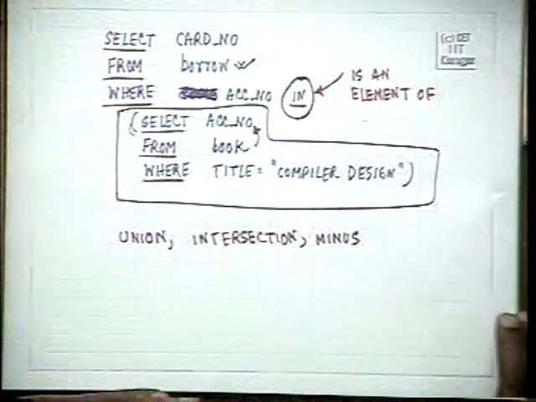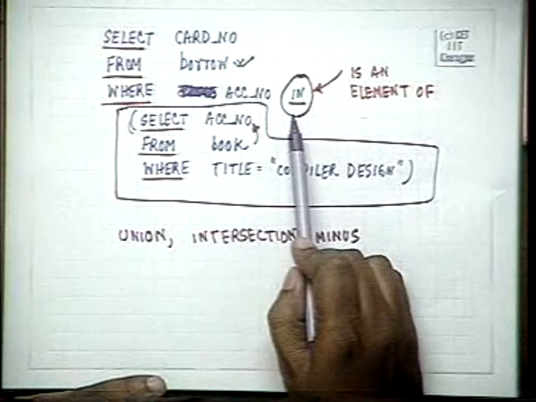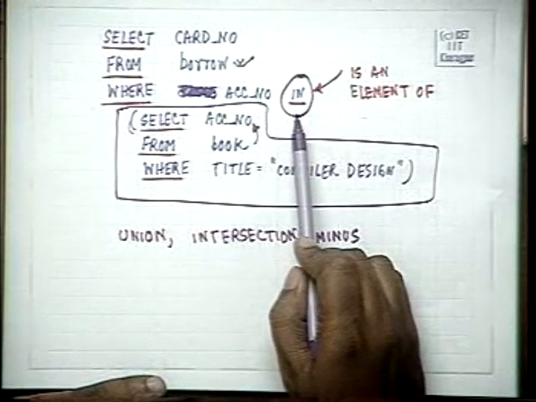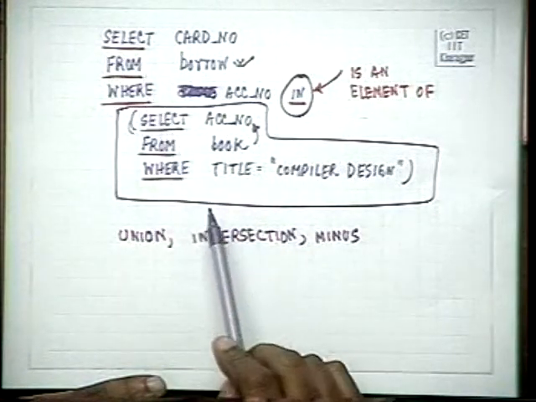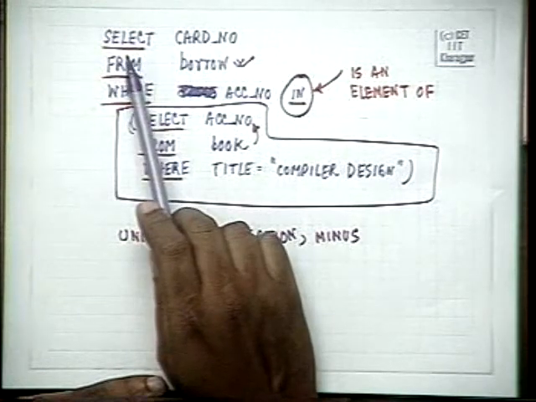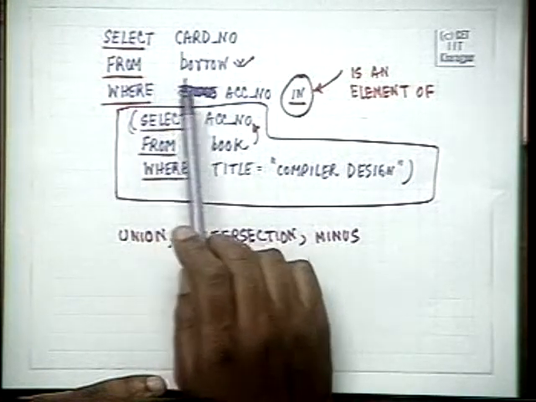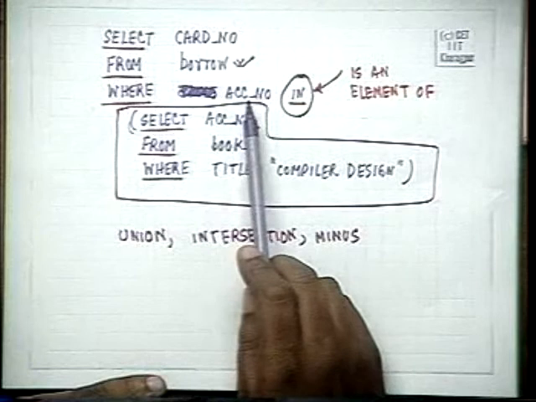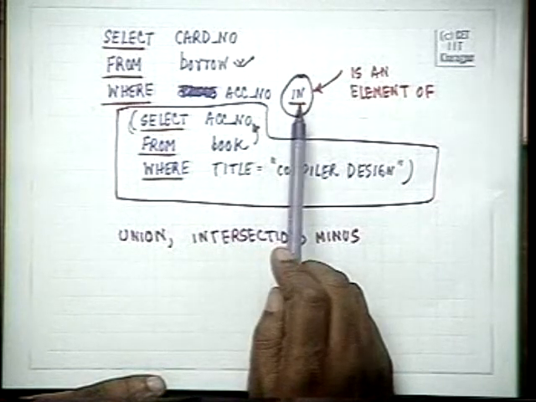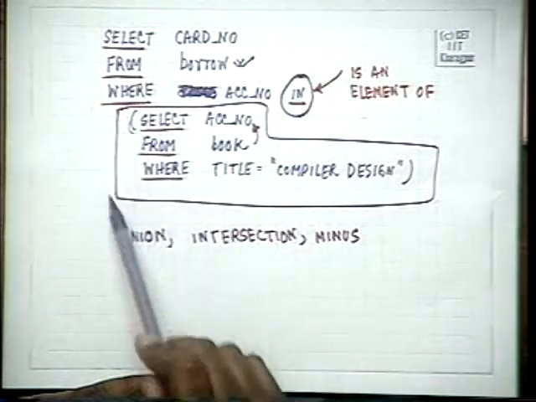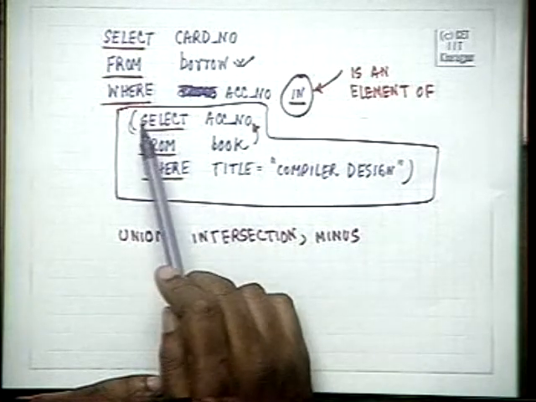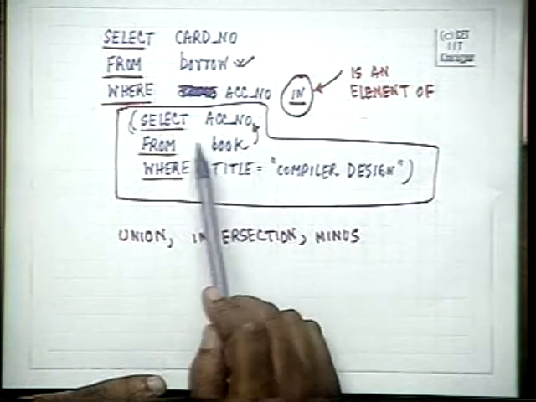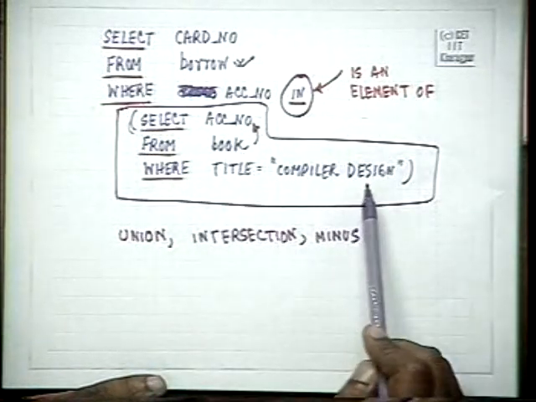We saw some other additional set operations, one of which was the in operation. In this case: select card number from borrow where accession number is in, that is, it is an element of this set, where this set is defined to be select accession number from book where title is compiler design.